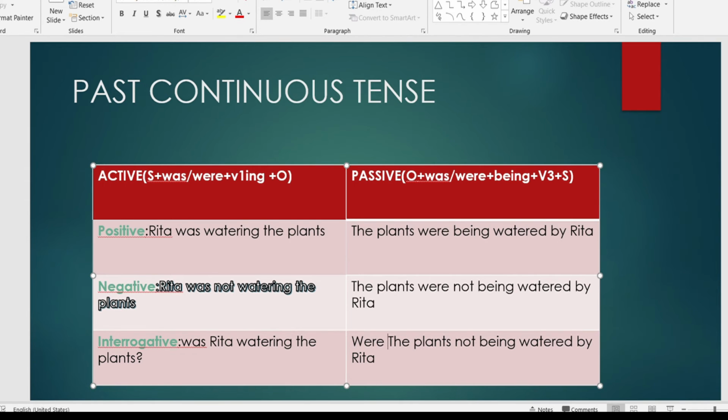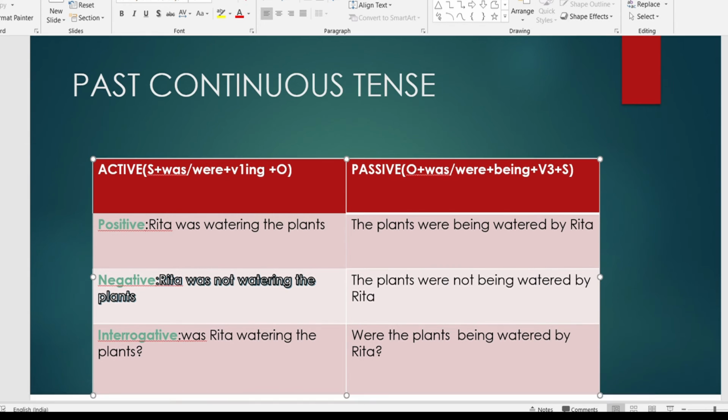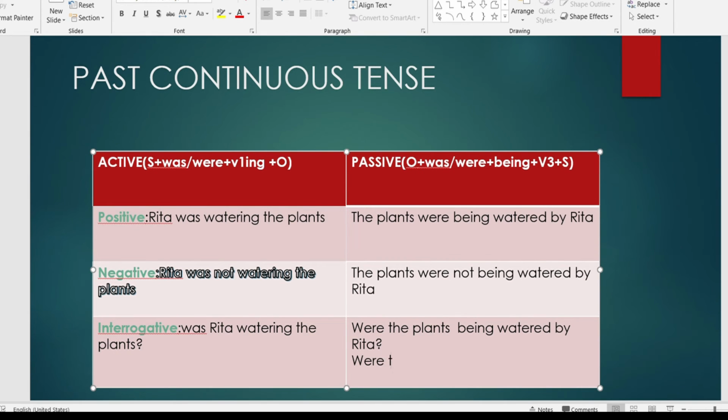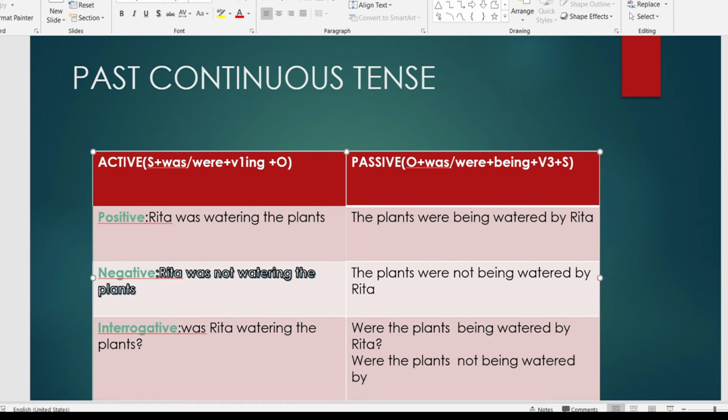So it will become, were the plants being watered by Rita? क्या पौधों को पानी दिया जा रहा था रीता के द्वारा? और were the plants not being watered by Rita? Okay, क्या पौधों को पानी नहीं दिया जा रहा था? Clear?